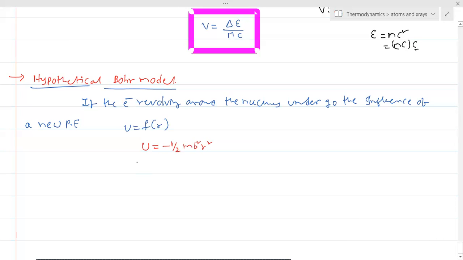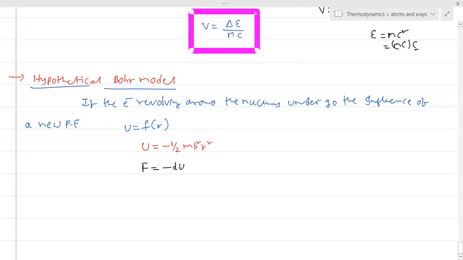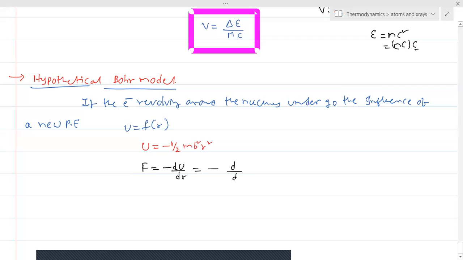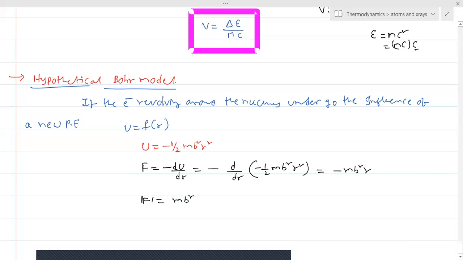We know that the Coulomb attractive force is a conservative force, and we obey the rule F equals minus dU by dr. We differentiate minus half m b square r square, and after differentiation we get minus m b square r. Taking the modulus of the force, we have m b square r.